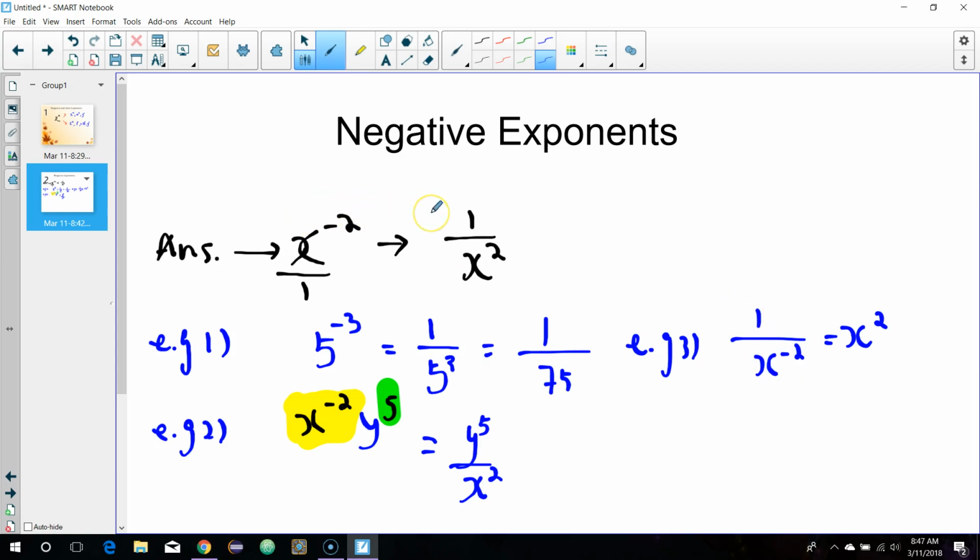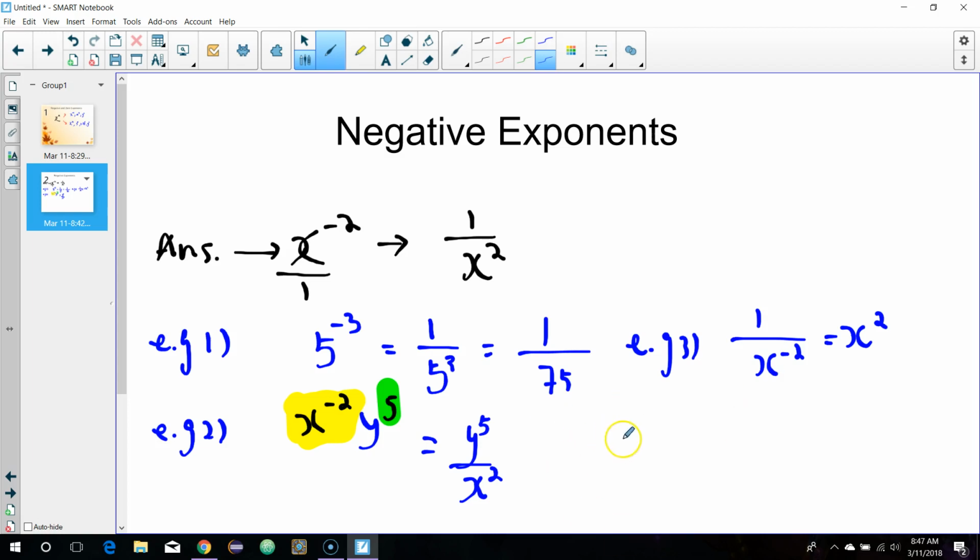So the idea is, if you see a negative exponent, you are going to swap the location. Whether it's going to go up to the numerator or denominator, it depends on this. Okay, if it's a negative, you're going to swap that. If it's at the bottom, you're going to bring it up. If it's up top, you're going to bring it down.